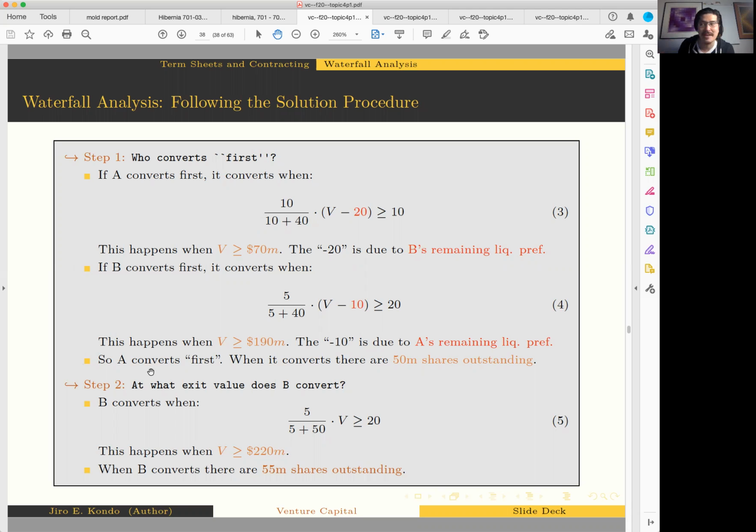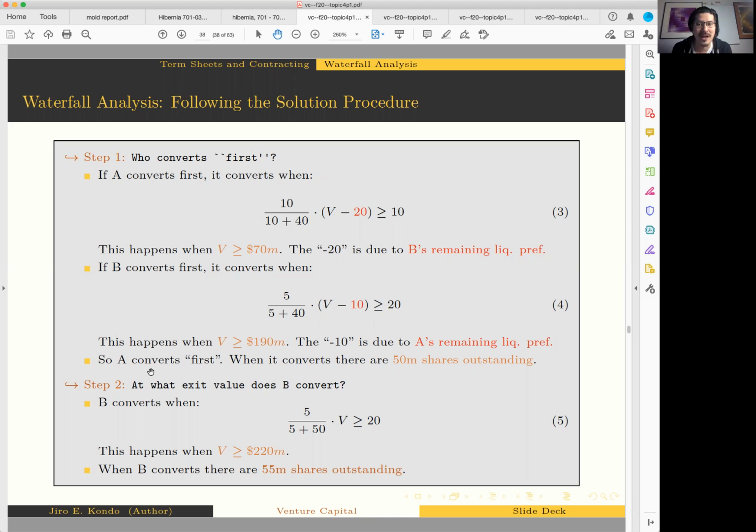Let's say that was Series A. Then in the next step, we would ask, who goes second? Is it B or is it C? We would check both, take the lower number. And then the third step would now be who goes last or third. And we would check when that third one converts. Right? So you see how the number of steps you have to do goes up the more rounds you have.